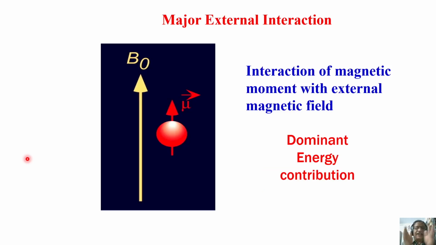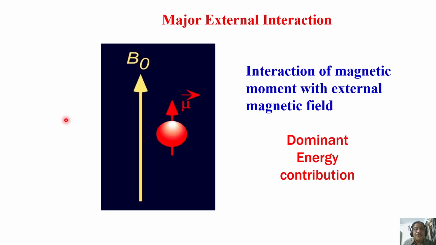With the discussion we have had, we will start looking pictorially at various types of interactions and their strengths. I said there are two types of external interactions, and four different types of internal interactions, which I explained.